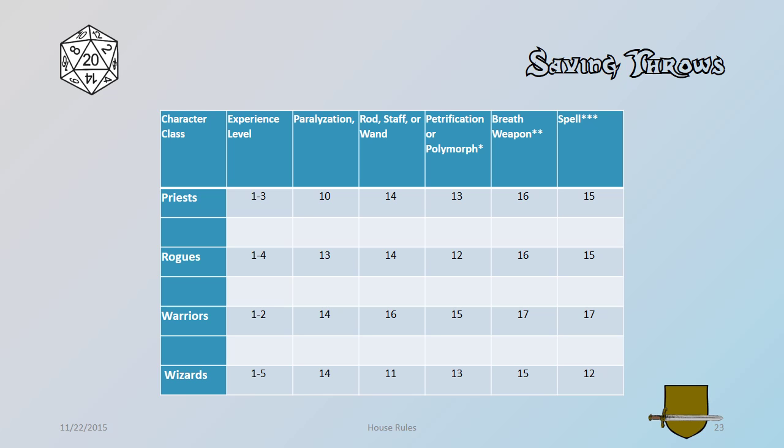There are some spells that allow saving throws, and you can make a saving throw versus spells. So there are some different situations here where you can make saving throws. I also use your ability scores to make saving throws. So there might be something where you have a feat of strength, or you're very dexterous, so you're able to dodge out of the way of something.